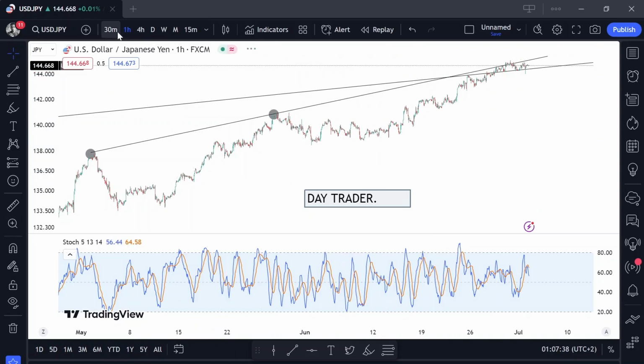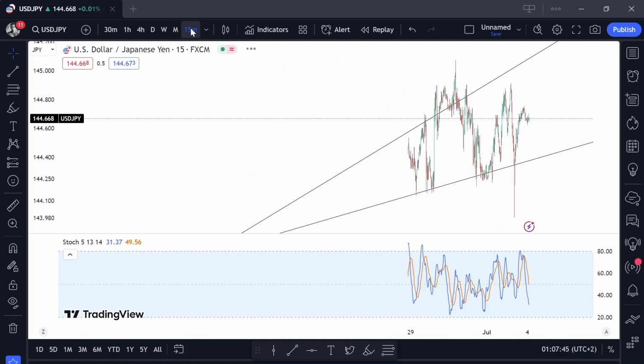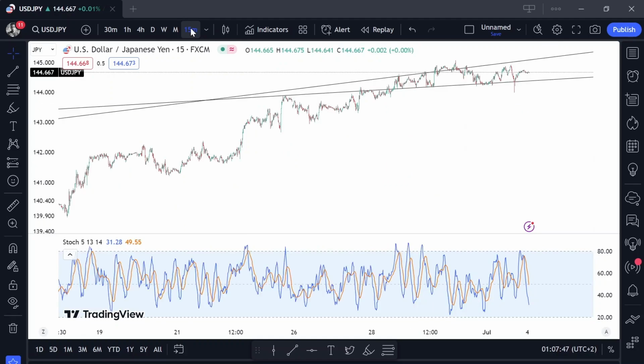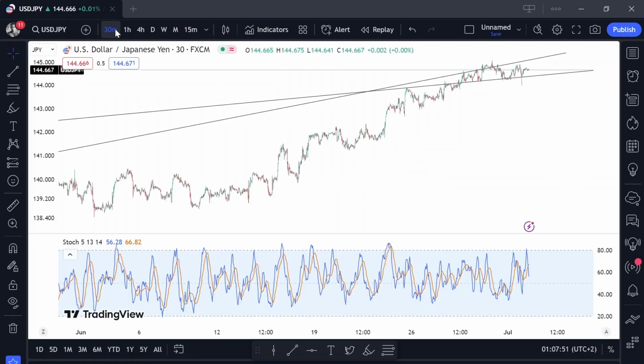You come to M30, you come to M15. This is where you find your entries. Remember guys, if I'm day trading, I use M30.